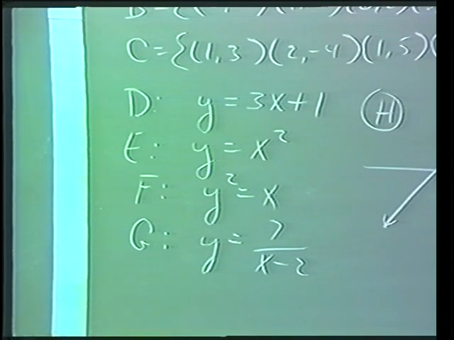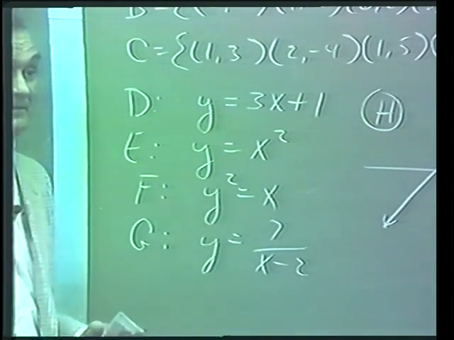Is F a function? I don't know. If x is 4, Lynn, what's y? No, y squared equals 4. What does y equal? Oh, y squared equals 4. What does y equal?